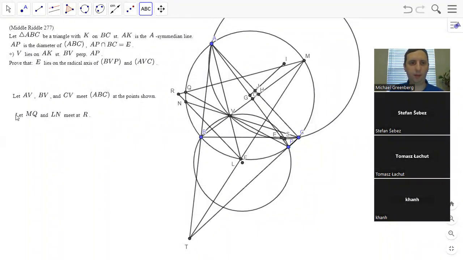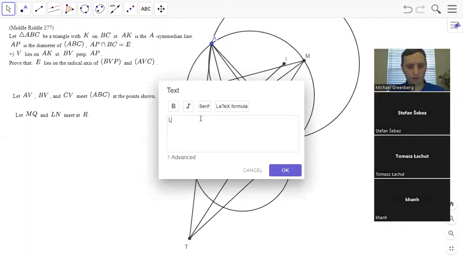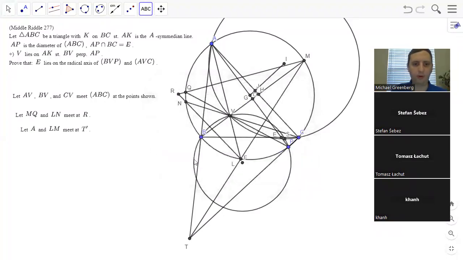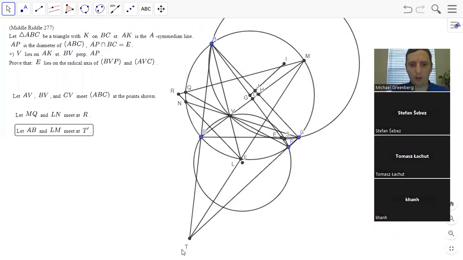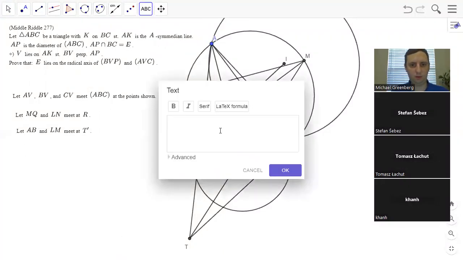Let AB and LM meet at T prime. And then we would have T prime B over TA is equal to LB over LA times MB over MA.